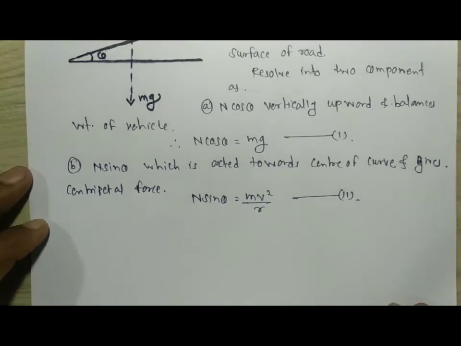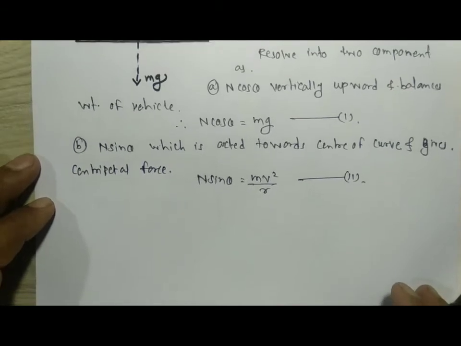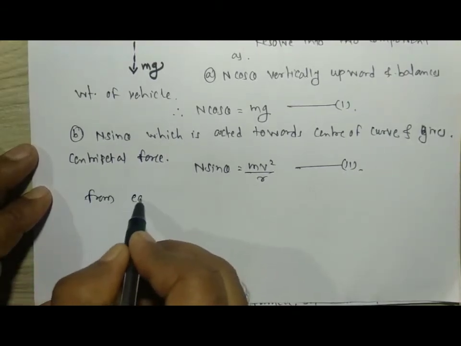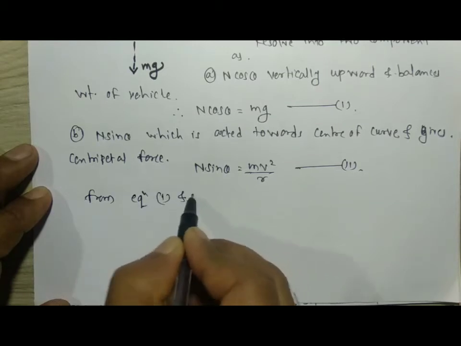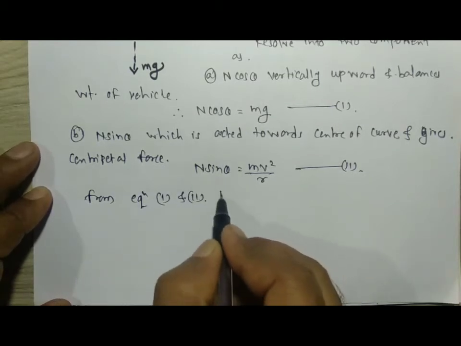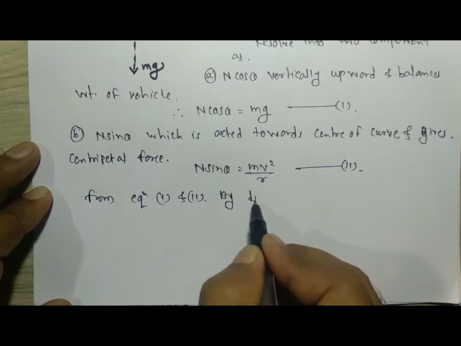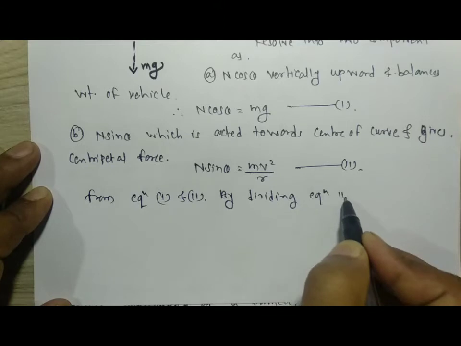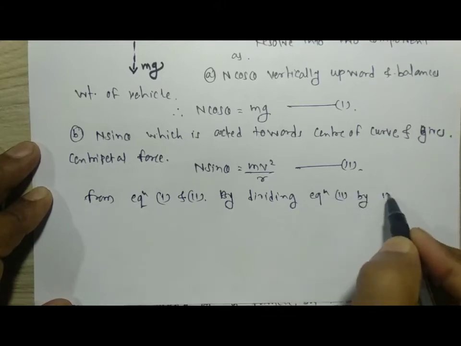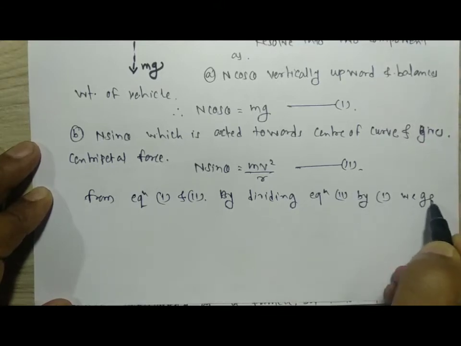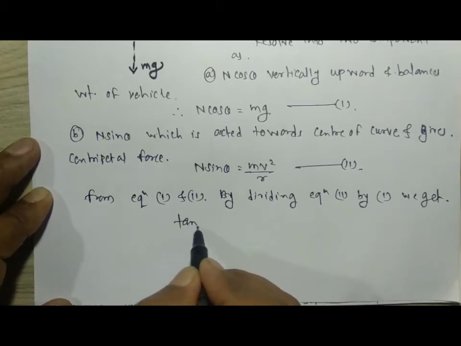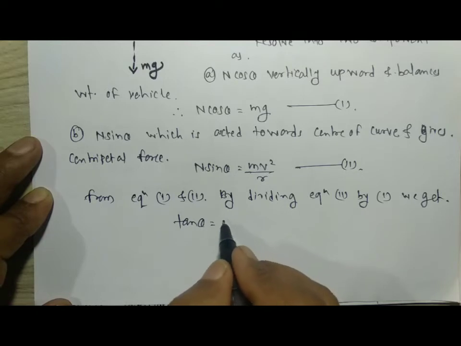From equations 1 and 2, by dividing equation 2 by 1, we get tan theta is equal to v square divided by rg.